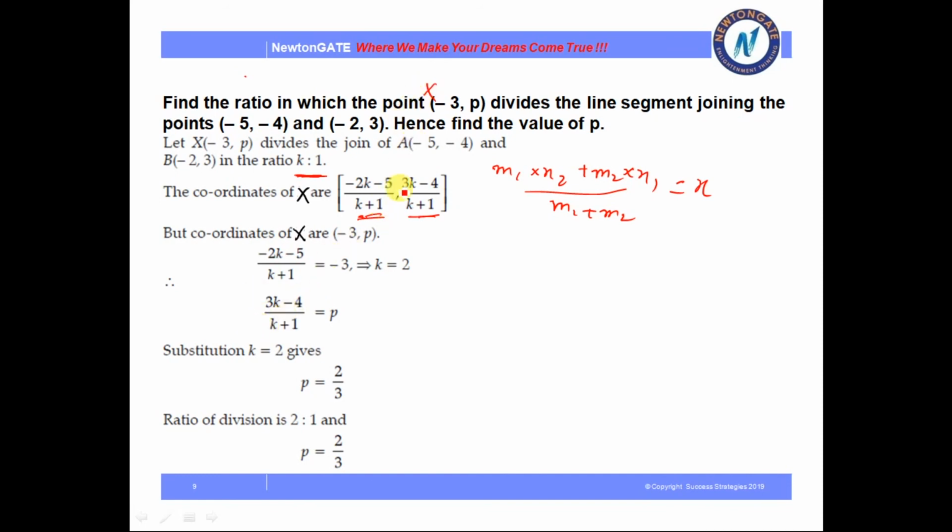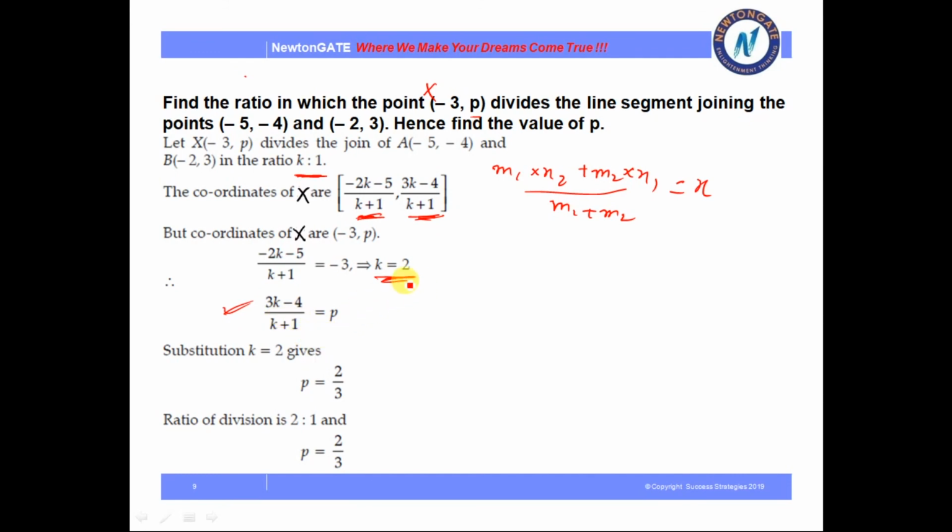So from here, we equate the value of x with -3 and we find the value of k to be 2. And we equate the value of y, that is p, with this: (3k minus 4) by (k plus 1) is equal to p.